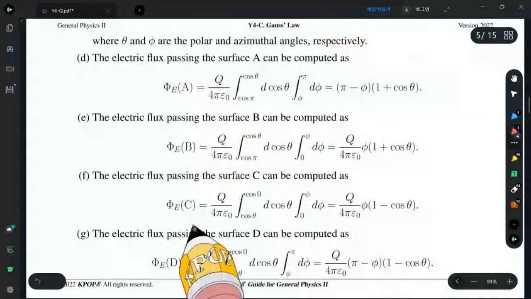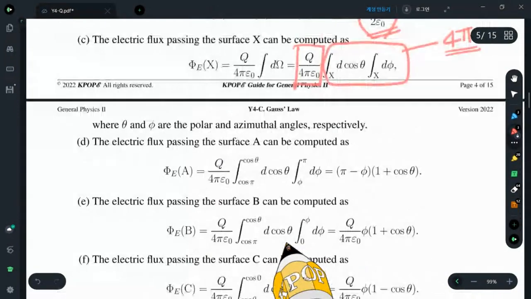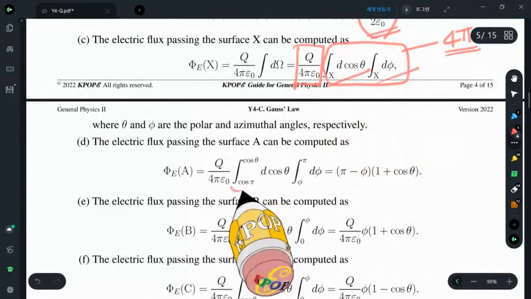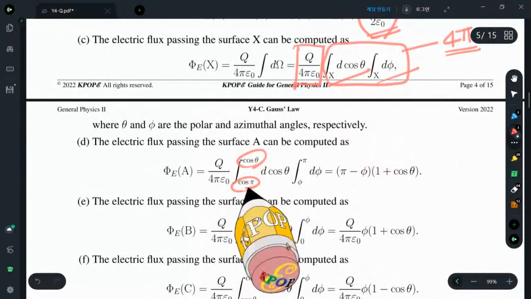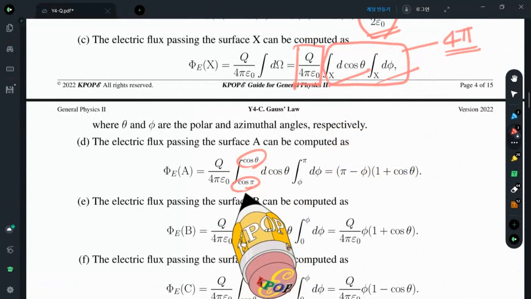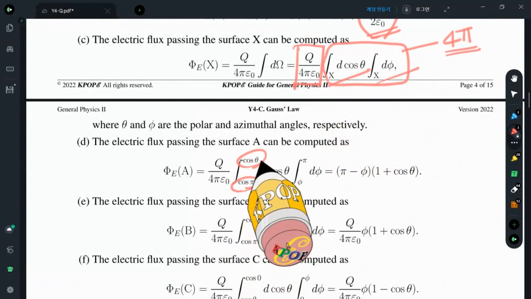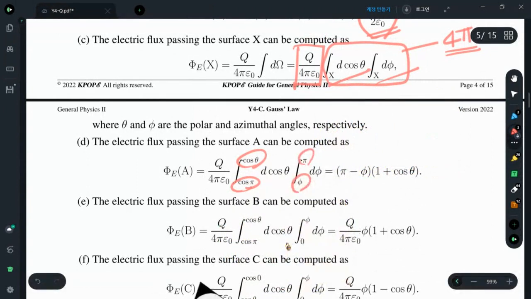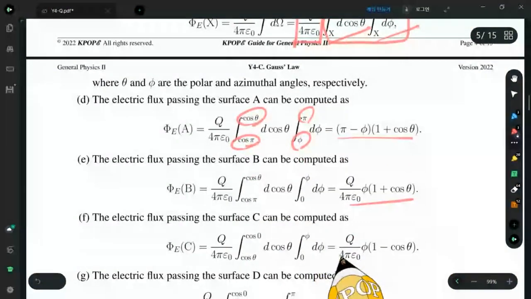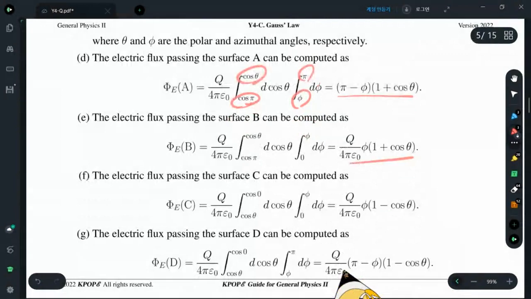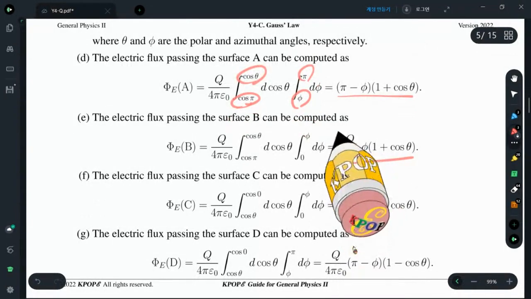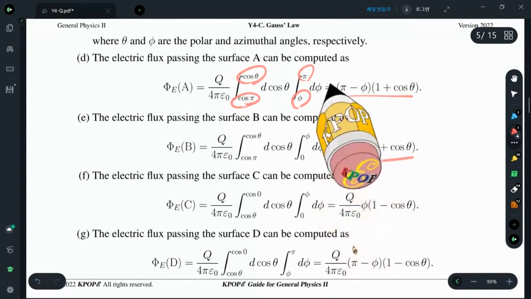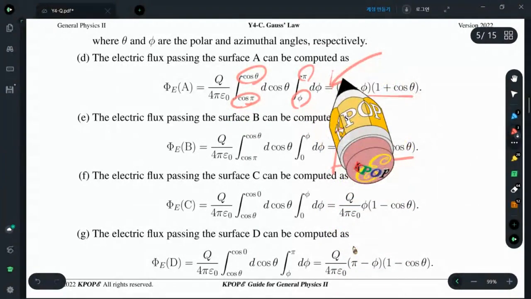Now, the A, B, C, D contributions can be evaluated by substituting the lower limit and upper limit for the integral. And these are the results. Okay, we have the Q over 4 pi epsilon 0 factor missing in here.